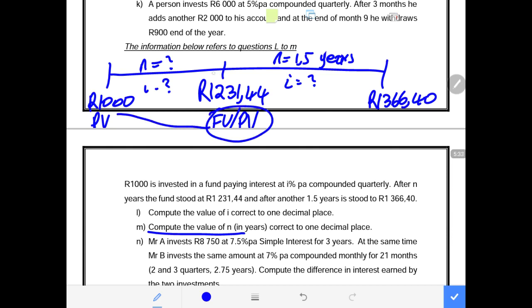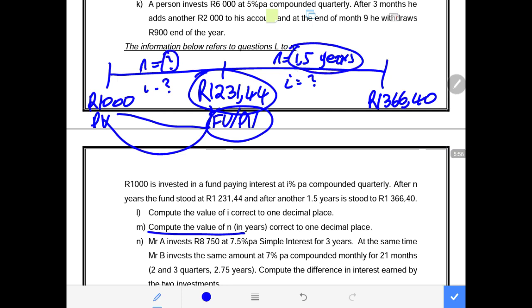Now if we are to calculate n, which is from here to here, we will use 1,231.44 as our future value, then 1,000 will be the present value. But we are not there yet. Remember, we know that our n is 1.5 here, but we don't know our n here.